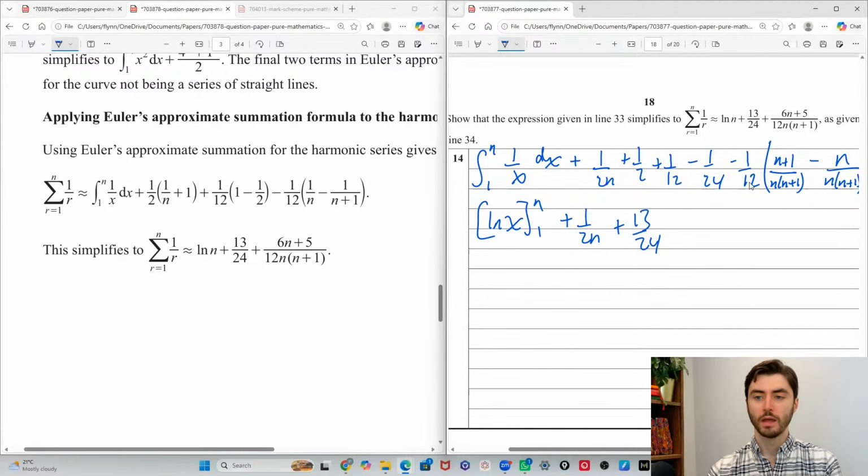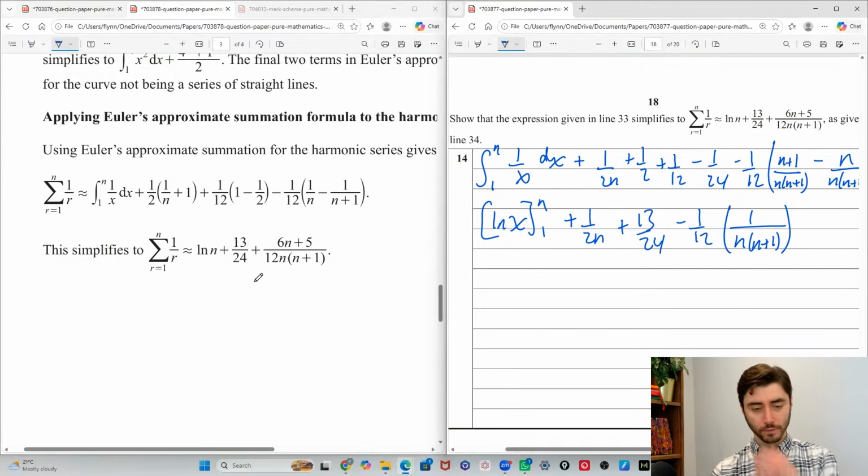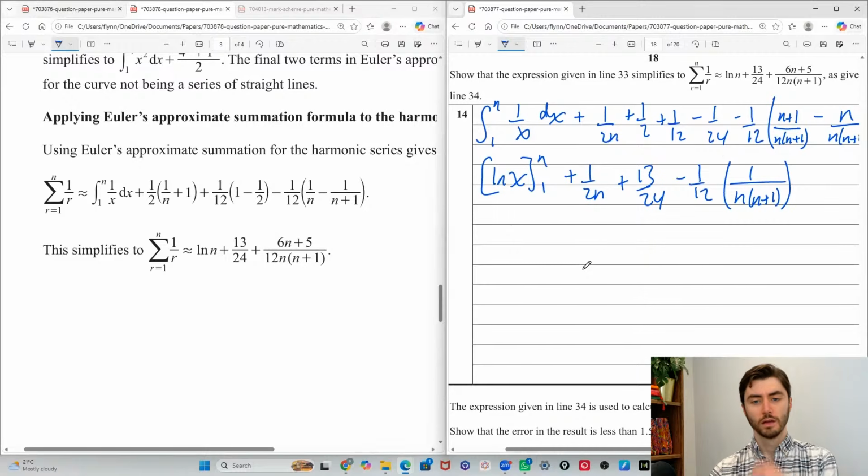And then I've got this algebraic fraction on the right that I need to take care of. So it's minus a 12th. And I combine those and I just get 1 over n plus 1. Okay. So I'm seeing my 12 n plus 1 forming on the bottom, and I like that. So that is ln n minus ln 1, and ln 1 is 0. Okay. I've got my plus 13 over 24.